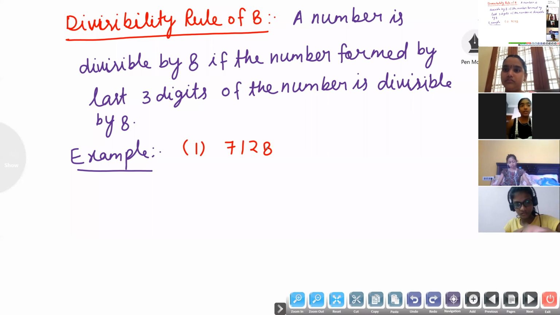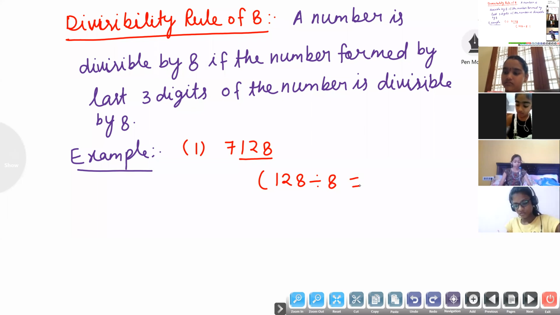Last three digits are what? 128. I want to check if 128 is divisible by 8 or not. I divide 128 by 8. 8 ones are 8. How many remaining? 4. 8 6s are 48. Yes. Now the result is coming as a whole number. Then I can say 7128 is divisible by 8.